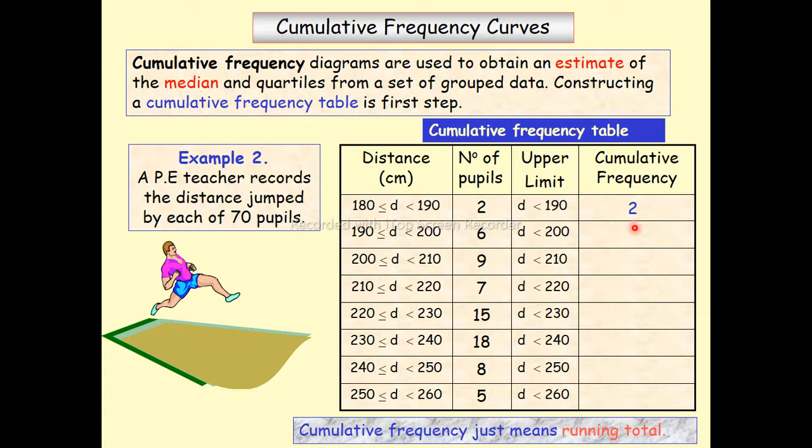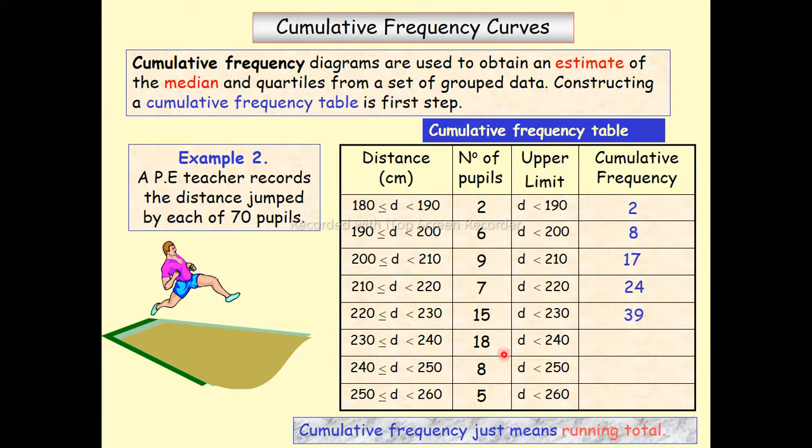The next thing, how do we get this number? You add 6 and 2, it gives us 8. And then 8 plus 9 gives us 17. Very good. And 17 and 7 gives us what? 24. And then 24 and 15 gives us 39.